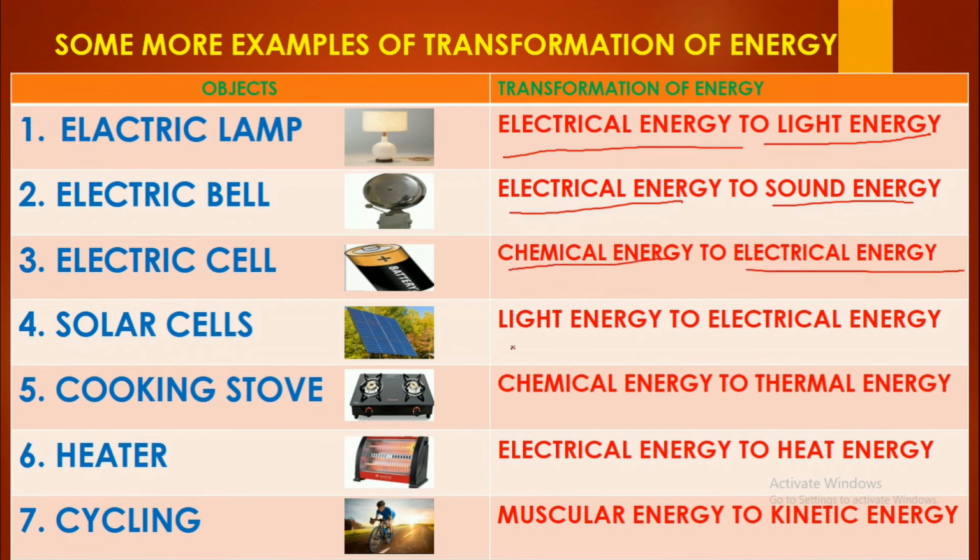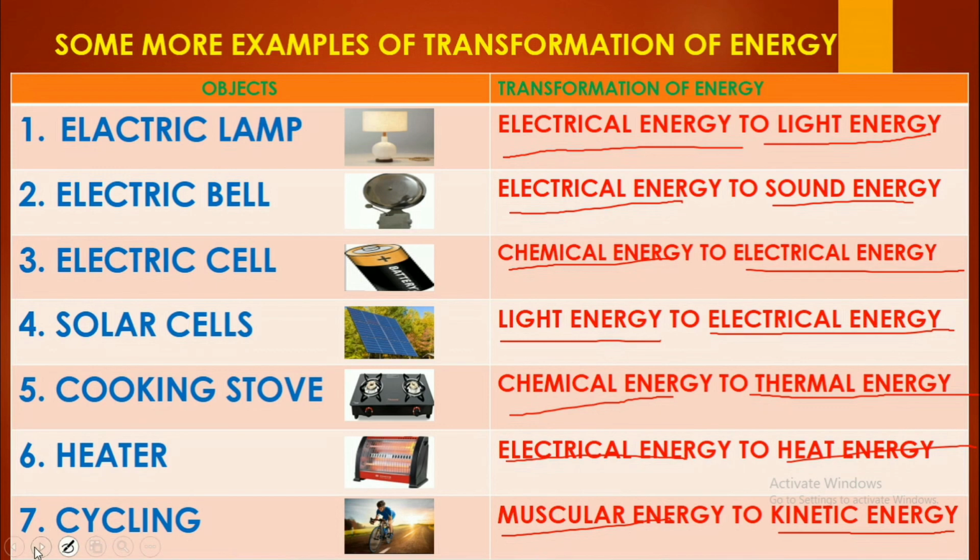Solar cell: light energy into electrical energy. Cooking stove: chemical energy into thermal energy. Electric heater: electrical energy to heat energy. Cycling: muscular energy into kinetic energy. These were some examples of transformation of energy.